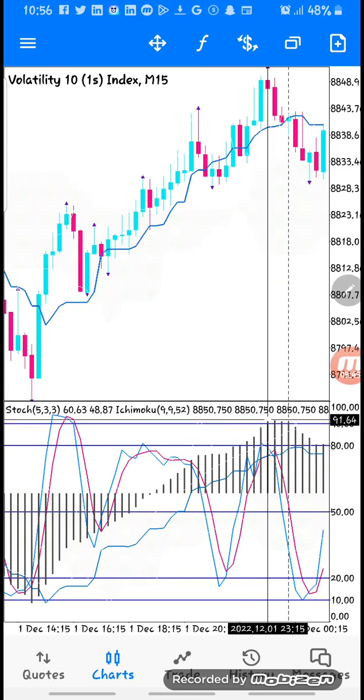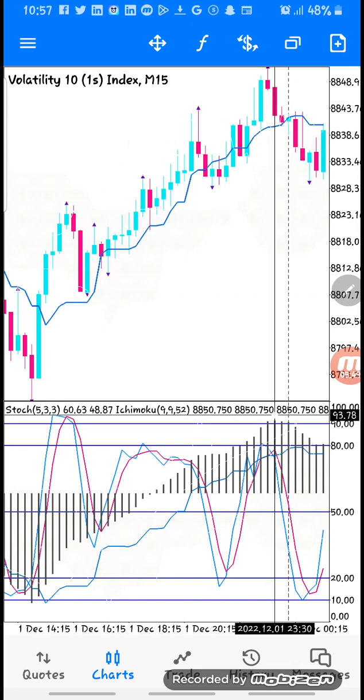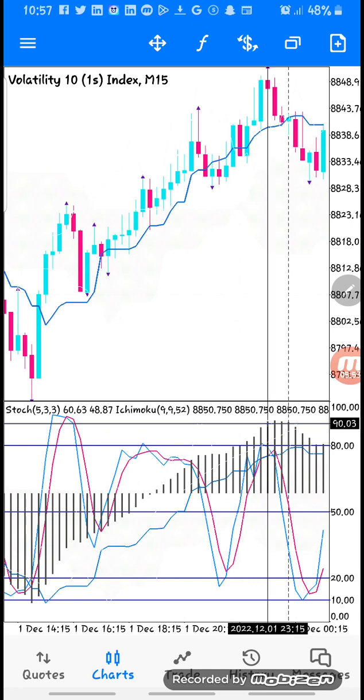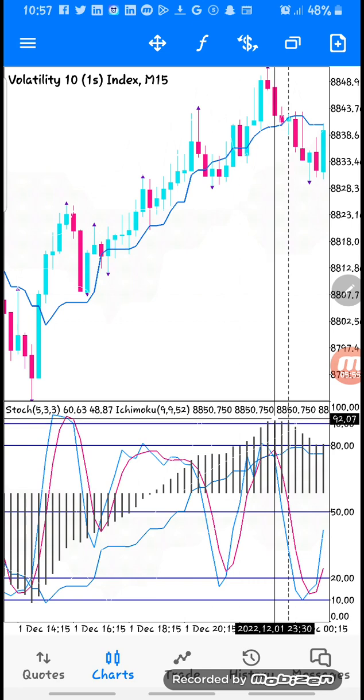So when this one opened, we can only be sure when the next candle opens. Immediately it opens, if the previous MACD stick still remains above level 90 or below level 10, that's when you know that the market is about to reverse, to go your way.